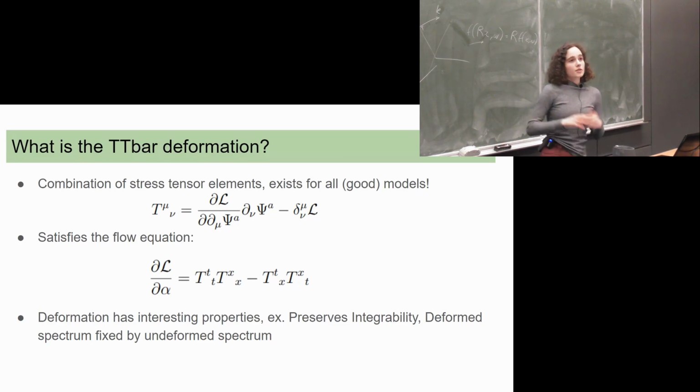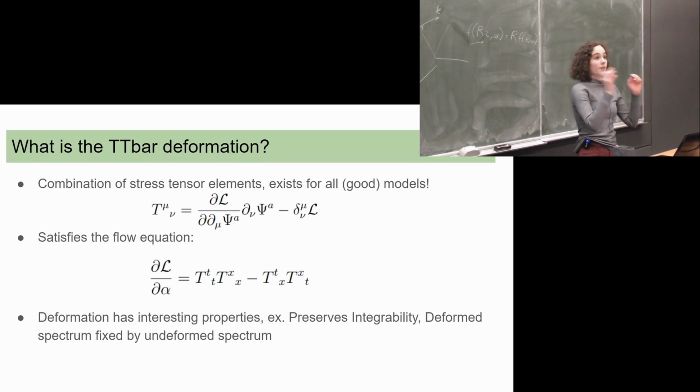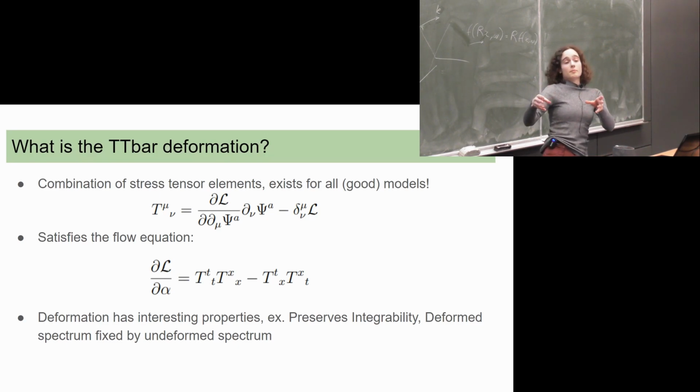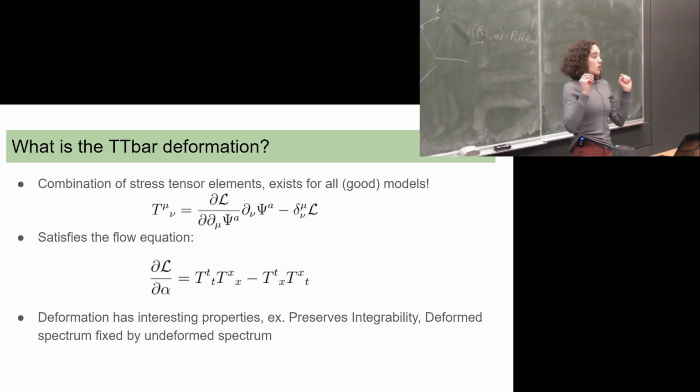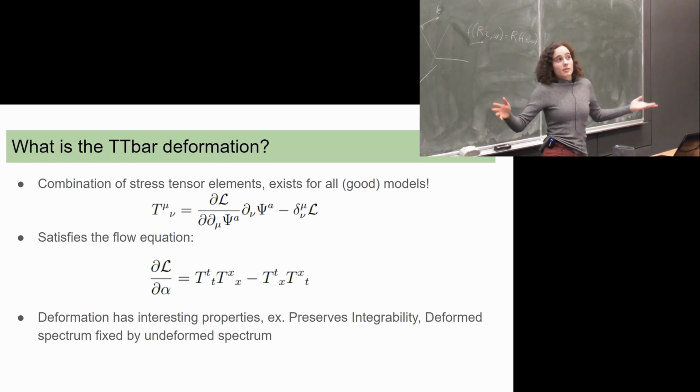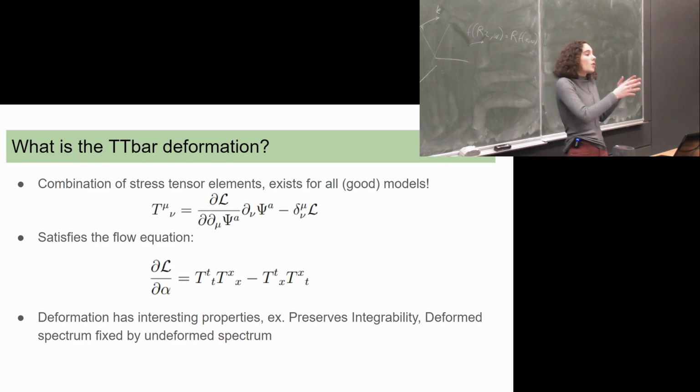But also, an interesting thing is that if you have the spectrum of energies in the undeformed theory, or even just your expression for the energy, that actually satisfies a differential equation with respect to the deformed energy spectrum. So in this case, your spectrum in the deformed theory is fixed, which is cool, because a lot of the time this is one thing that you'd want to find out from a theory.